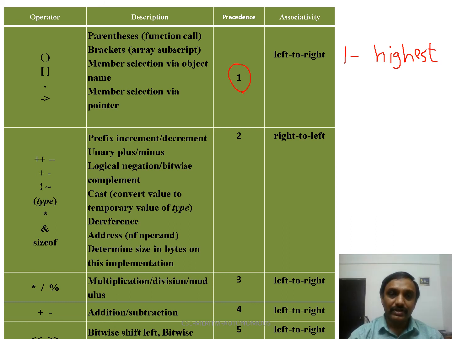So now observe here, first operator is parenthesis or function call. Next one is bracket or array subscript. Then member selection or dot operator, member selection via pointer. So these operators have the highest priority, and their associativity is left to right.